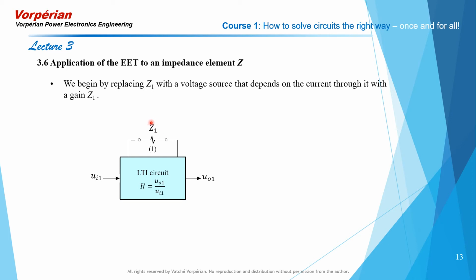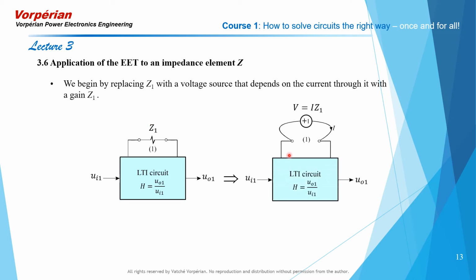Once we do that, we replace Z1 with a dependent voltage source V that depends on the current through it, I. Now, this circuit here and this circuit here are identical, because this dependent voltage source represents Z1, and therefore everything else that you compute using this circuit is identically the same as what you would compute for the original circuit.